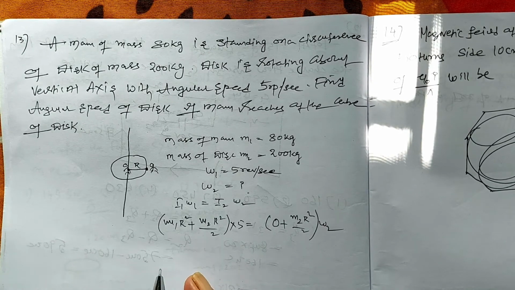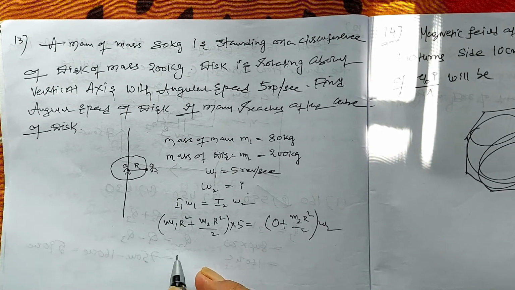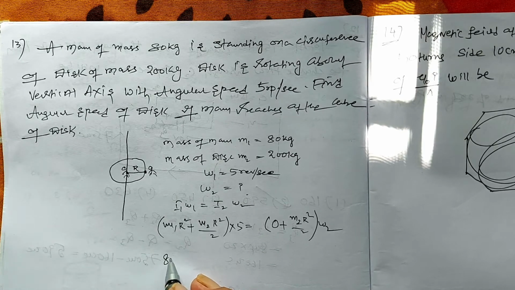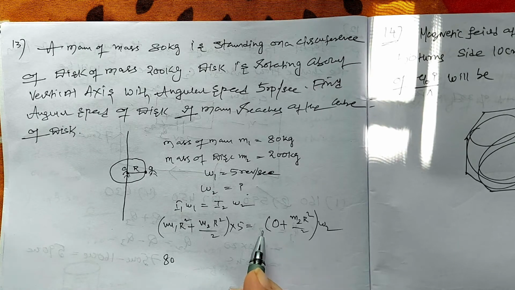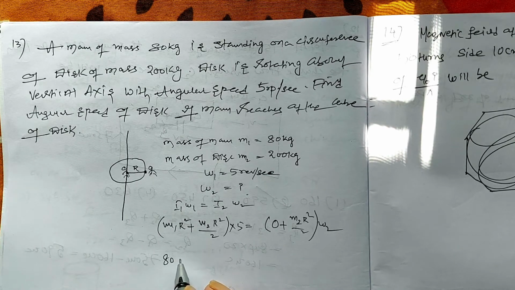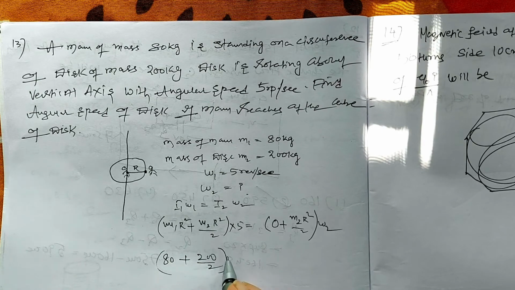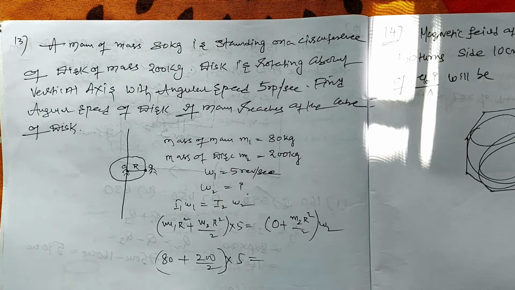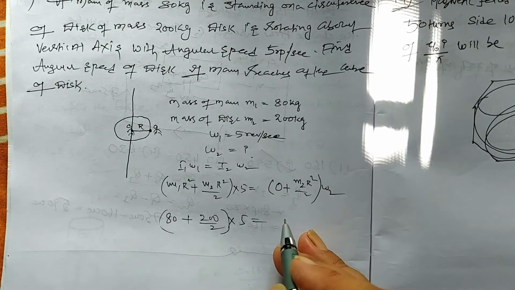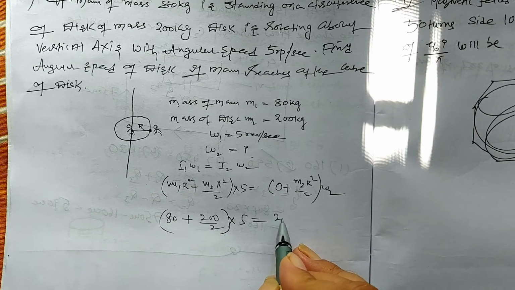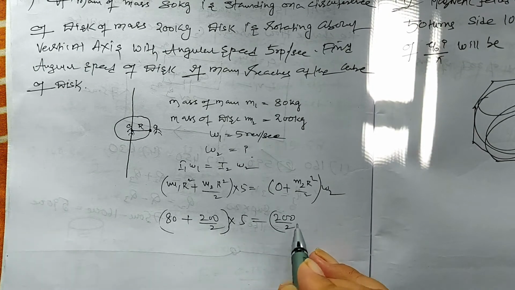Right. m1 is 80. Here r square taken common, r square cancels, plus m2 200 by 2, into 5 is equal to 200 by 2 into omega 2.